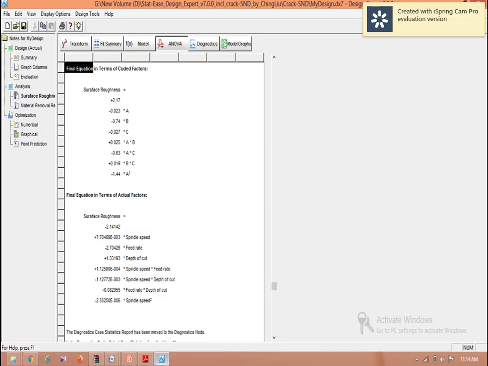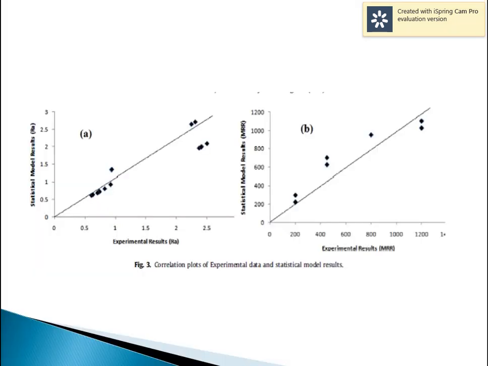with a coefficient of determination value of 0.7114. After obtaining the regression model, for validating the result of the generated regression model, they analyze it with the aid of a correlation plot. Here on the x-axis there will be the obtained experimental result.